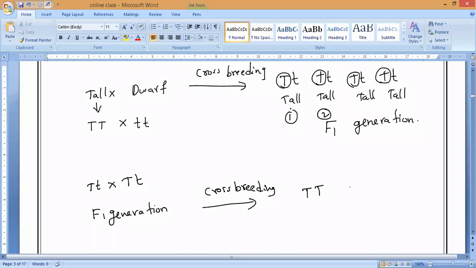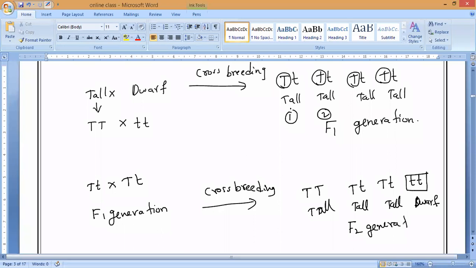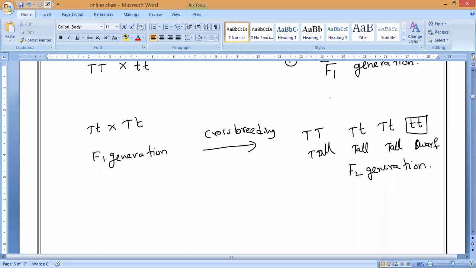Capital T capital T, then capital T small t, and the last one, small t small t. So here it is tall, here also tall, here also tall, and here a dwarf plant appears. Yes or no? So this is what we call the F2 generation. And this is what we call the law of segregation. Do you understand?